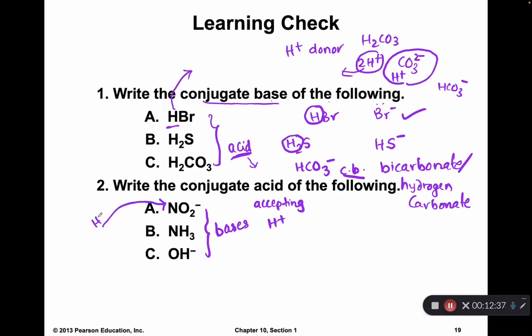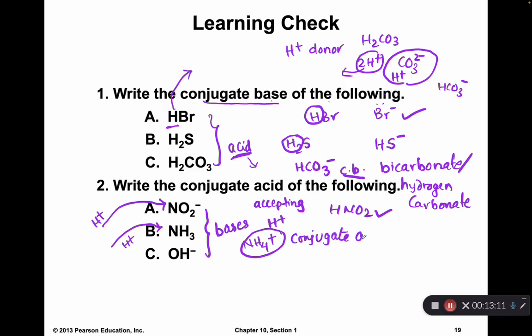So if you add H plus to the NO2 minus, it becomes HNO2. So this is the conjugate acid, the corresponding acid, right? If you add H plus to ammonia, we just did that in an earlier slide, it becomes NH4 plus. So it is a conjugate base here. Sorry, the base gives conjugate acid. I should write here.